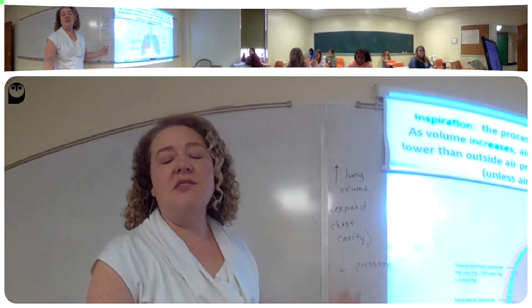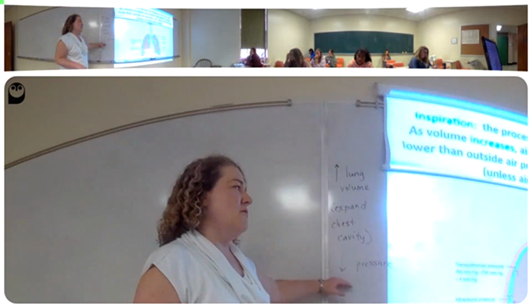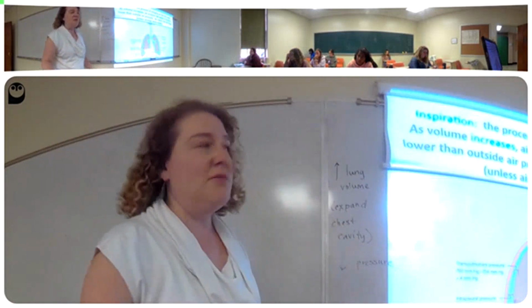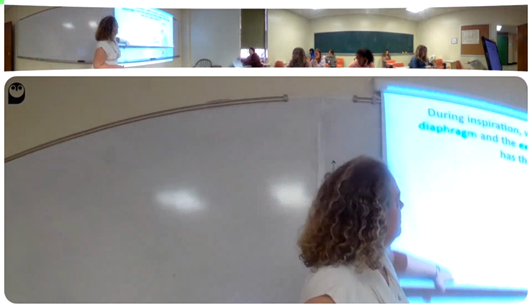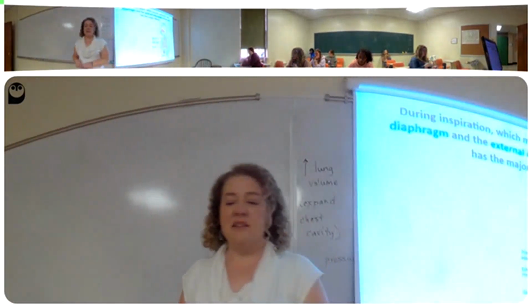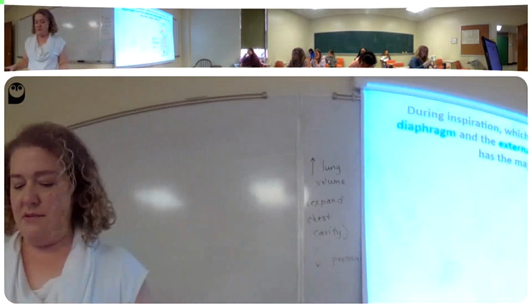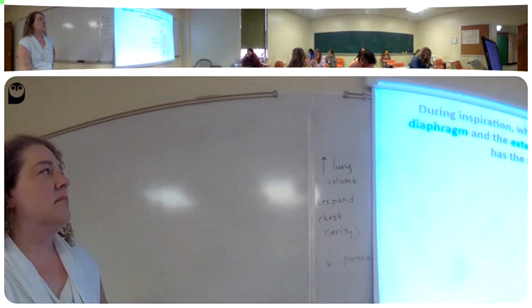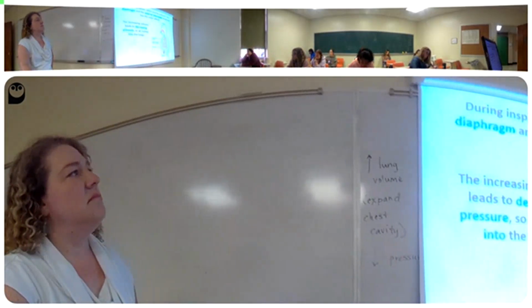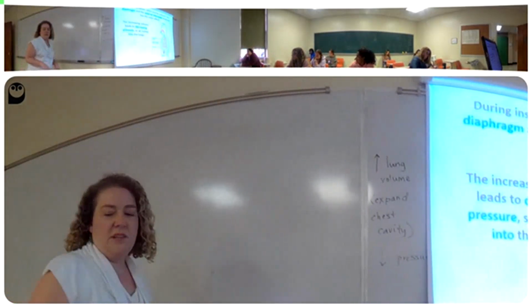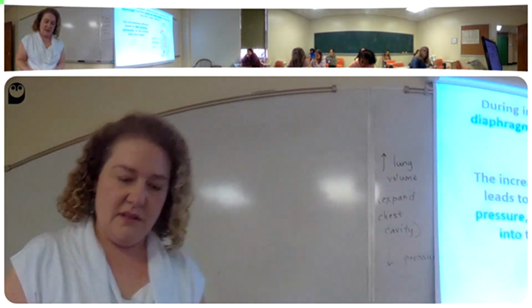So you just need to get your lung pressure low by expanding your chest cavity. And the way that we expand the chest cavity is by contracting some muscles. We contract certain muscles to do this.